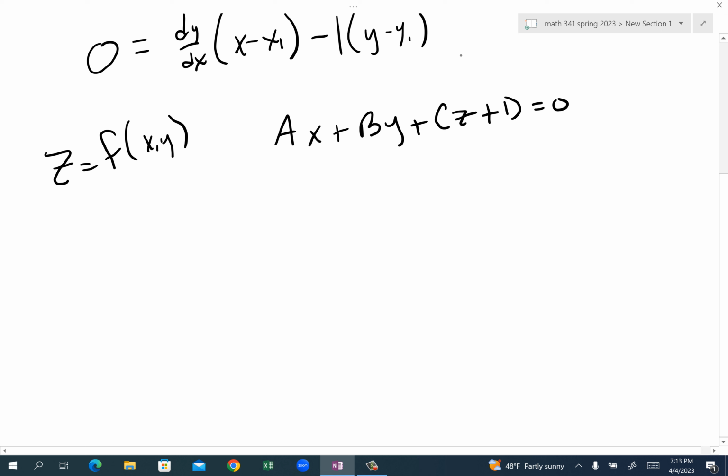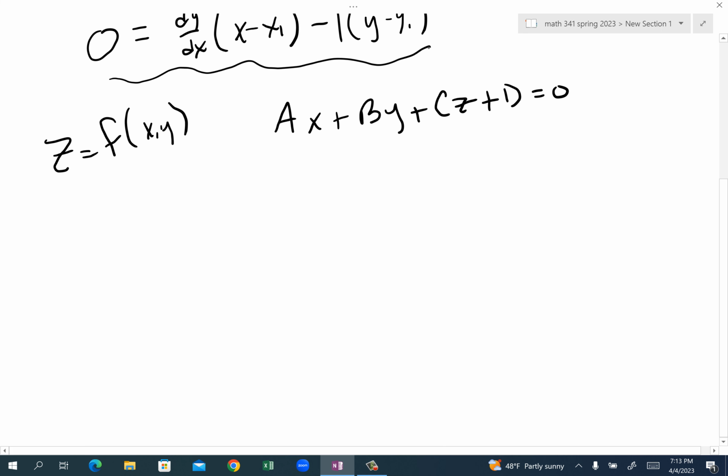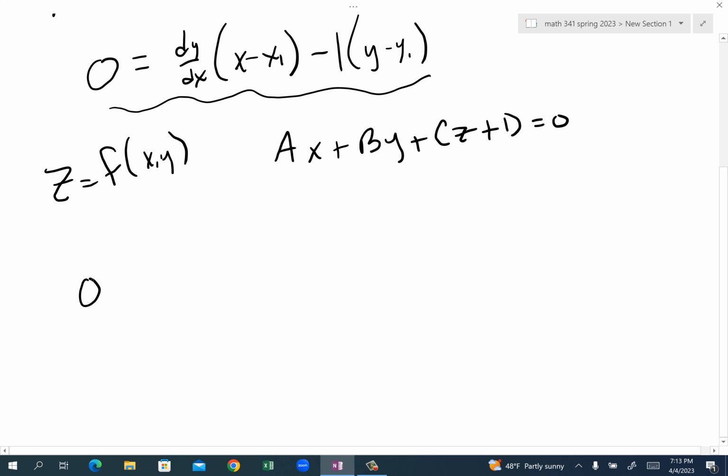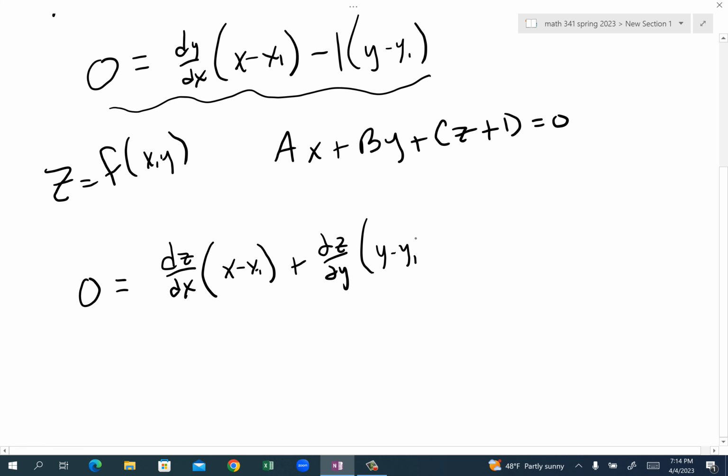When I write this later on, what I'm going to end up seeing, instead of this thing right here, is 0 equals dz/dx (x minus x1) plus dz/dy (y minus y1), that is, how z is changing with respect to y, minus 1 (z minus z1).